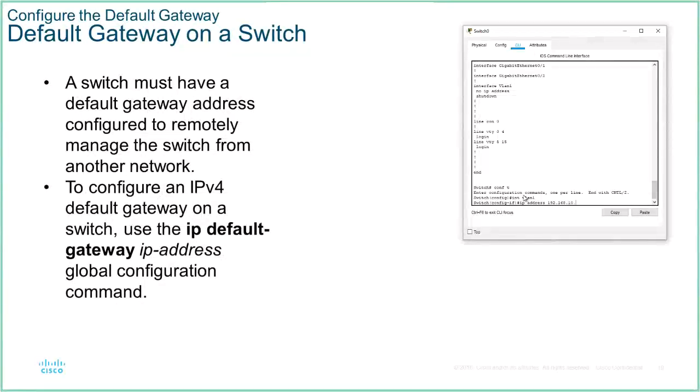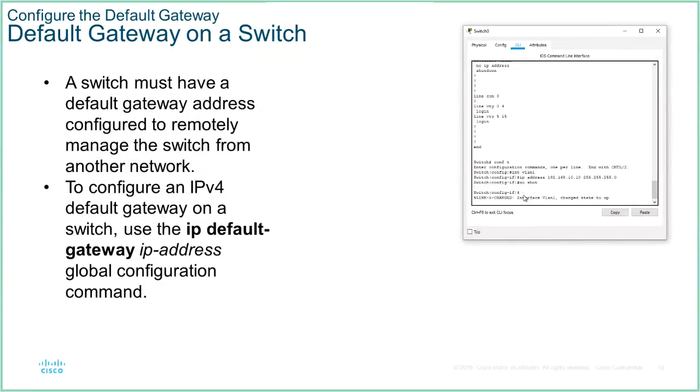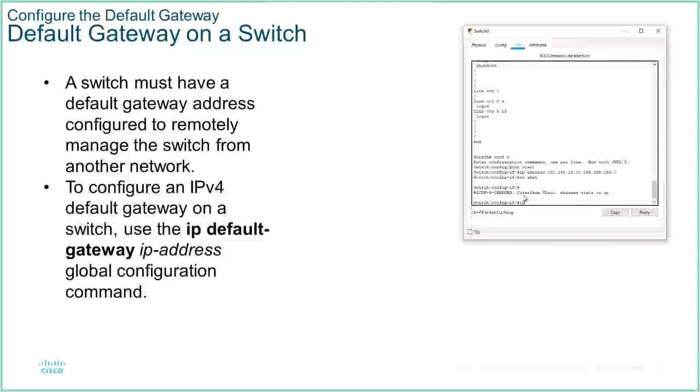So it'd be the 10.10 subnet mask. No shut. Alright, so we now have an IP address here.